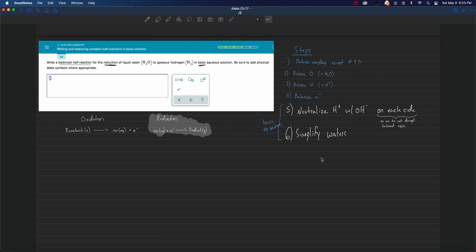It's not very obvious, so usually you could do this one of two ways. So let's just start out by writing our reaction. For most people, it might not be entirely obvious that what's going on is that you're going from essentially a 2 plus oxidation number to a neutral oxidation number.